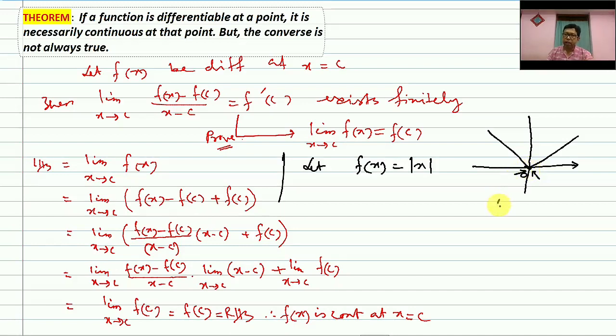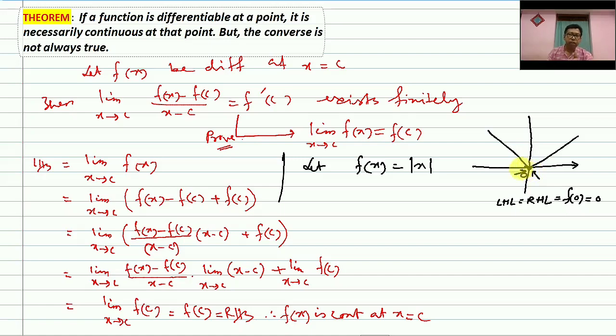Again I write, LHL = RHL = f(0), and they are all equal to 0. So the function is continuous at the point x = 0, at the origin.